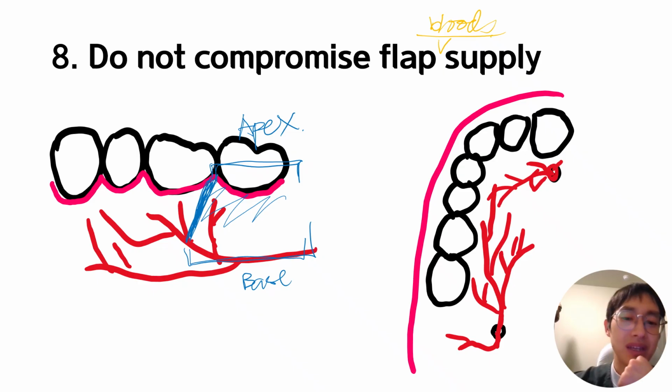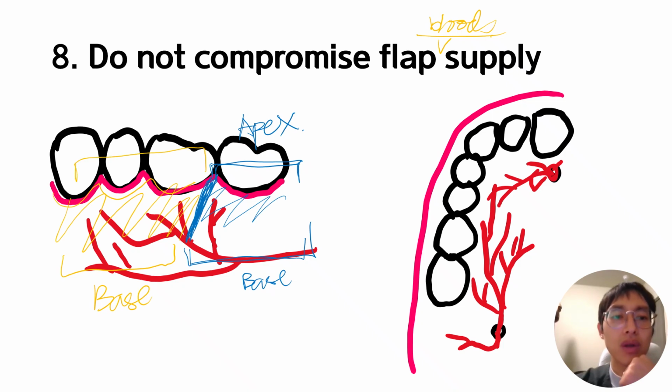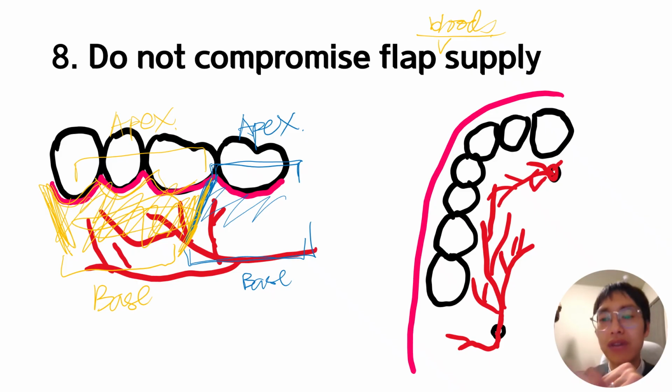But if you're opening this flap, sorry, one moment, let me delete it. This area, okay, like this, then your base is equal to or smaller than the apex. Let's say you're flapping like this, then you are cutting off the blood supply, and you will end up losing this whole tissue to necrosis.